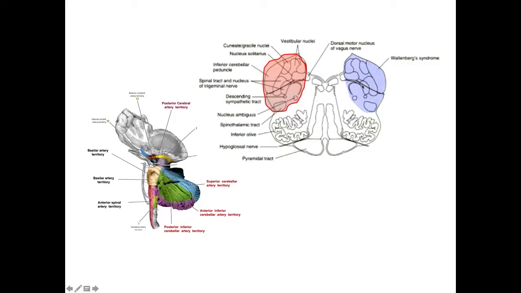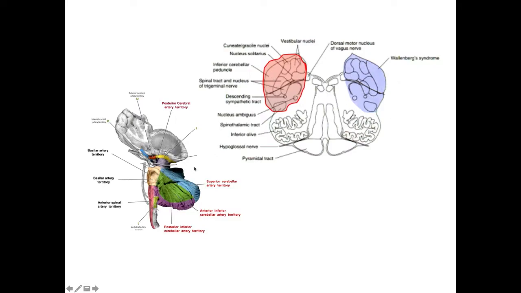And then we end up seeing limb ataxia and different types of issues that can start to occur as well, because you're damaging the cerebellum, which is very important for motor coordination. So those are some of the symptoms that can come up in patients that suffer from this kind of damage.